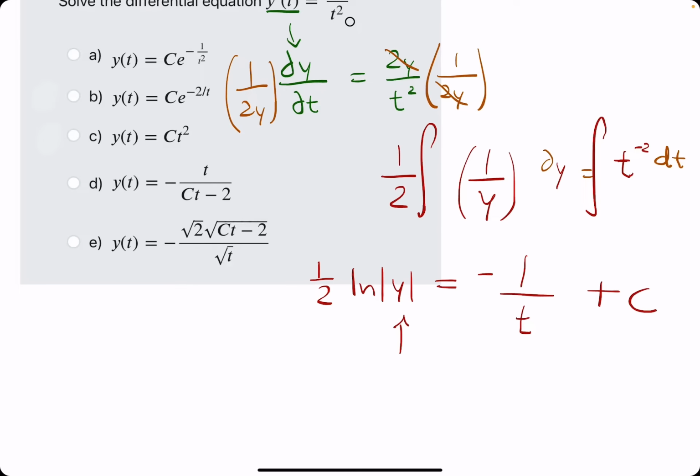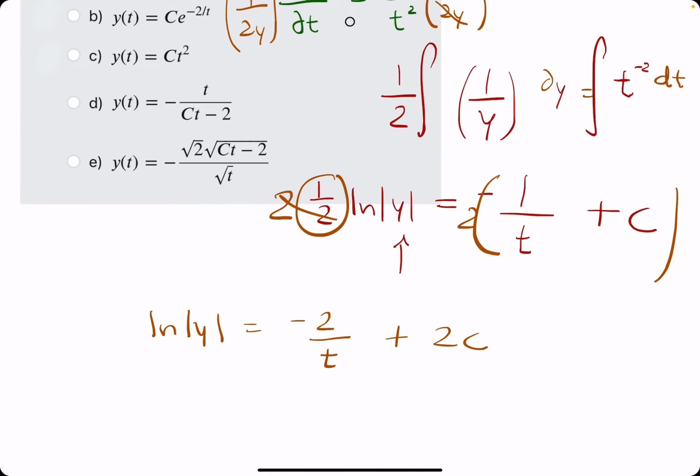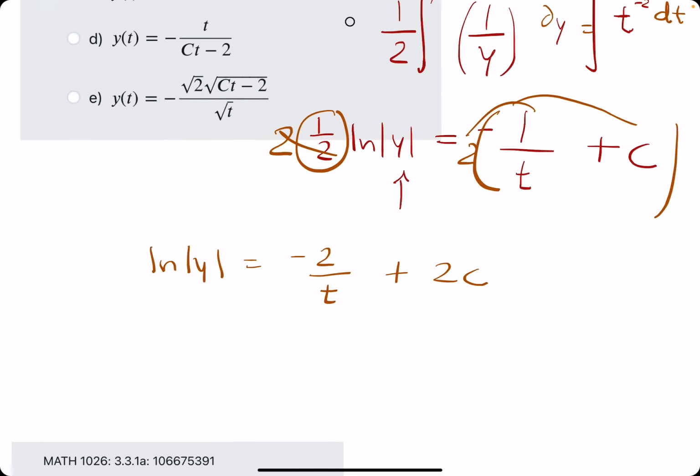So how do we start? We want to get rid of this 1/2 by multiplying by 2 on both sides. When we multiply by 2 on both sides, this will cancel. We'll have ln of y equals negative 2 over t plus 2c, basically distributing a 2 to both terms on the right side.